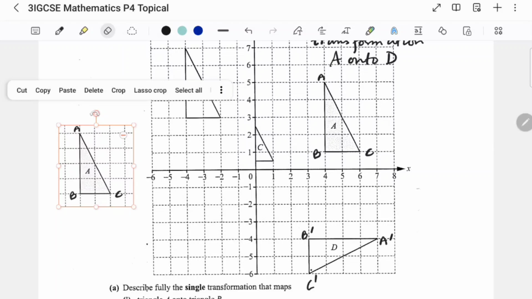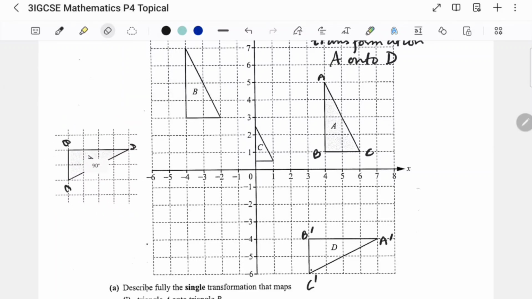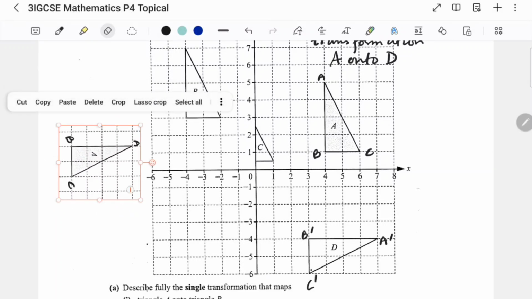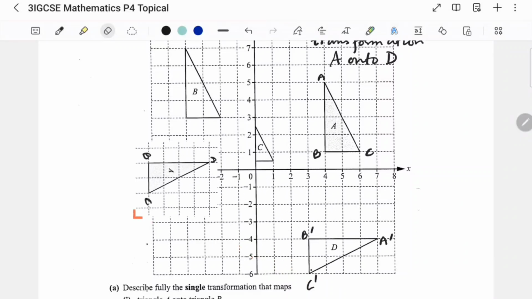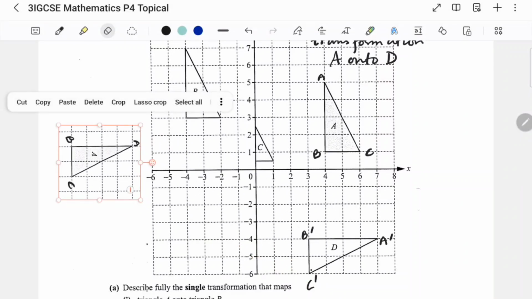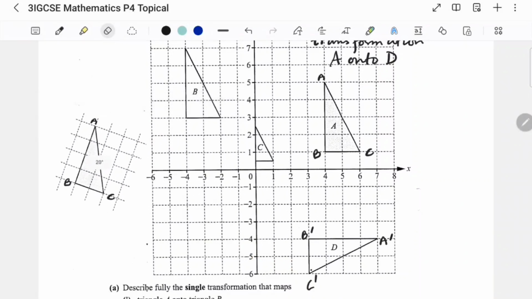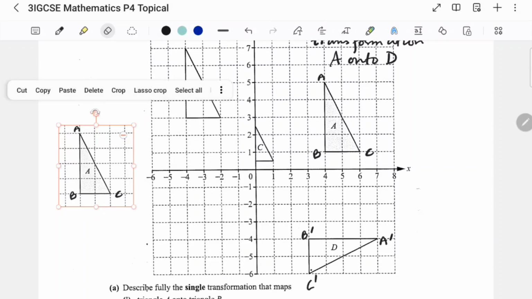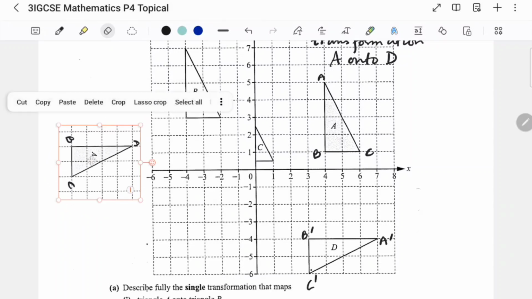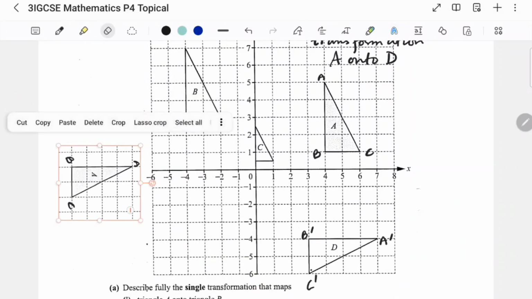I just see it is clockwise, and this is the position of it. Okay, you can check this one. I just turned one time towards the clockwise. I'll show you again. So it moves one time only clockwise and it's the same position. All right, so 90 degree clockwise.